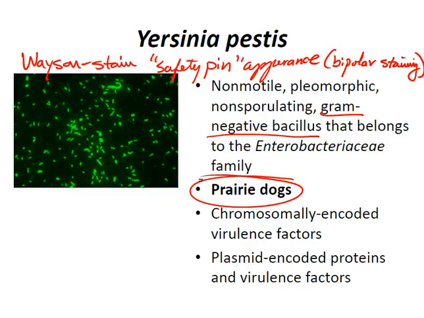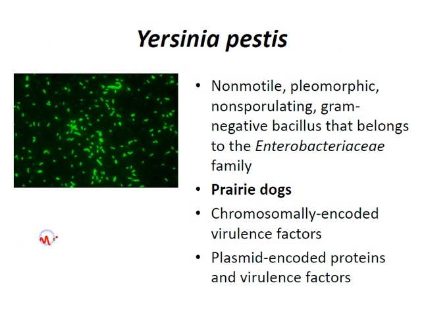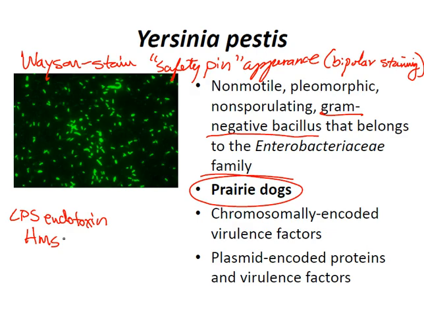Now, there are chromosomally encoded virulence factors. One is an LPS endotoxin, an HMS, which is a hemin storage molecule, and a PSA, which is a pH6 antigen.